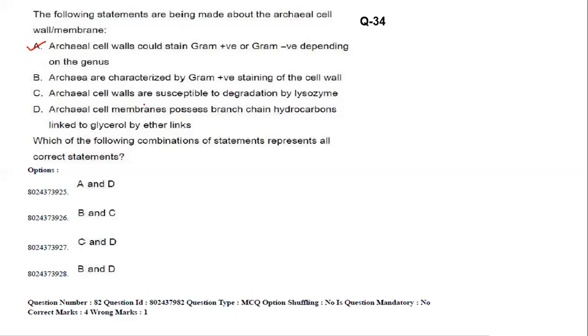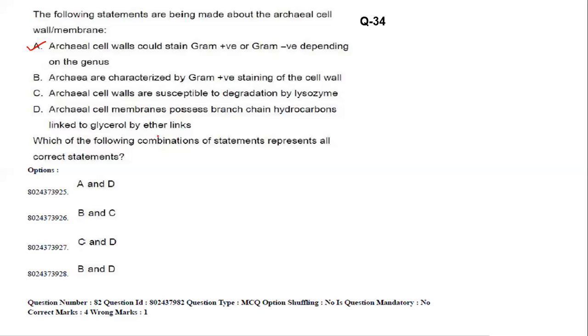Now archaea are characterized by gram positive staining. Archaeal cell wall susceptible to degrade by lysozyme. Archaeal cell membrane possesses branched chain hydrocarbon linked to glycerol by ether link. Yes, these are ether links present.